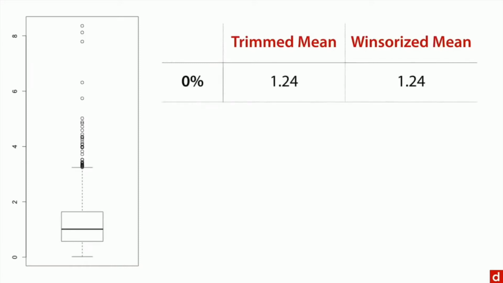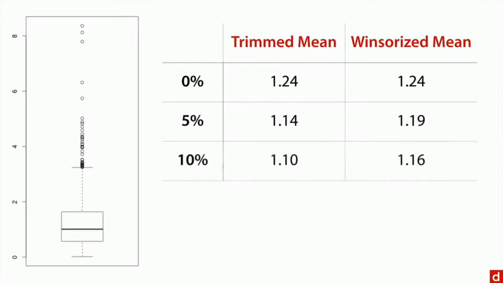Now, the 0% is exactly the same as the regular mean, and here it's 1.24. But as we trim off 5% or move in 5%, you can see that the mean shifts a little bit. Then 10%, it comes in a little bit more, to 25%. Now we're throwing away 50% of the data, 25% on the top, 25% on the bottom, and we get a mean here of 1.03, that's the trimmed mean, and a Winsorized of 1.07.